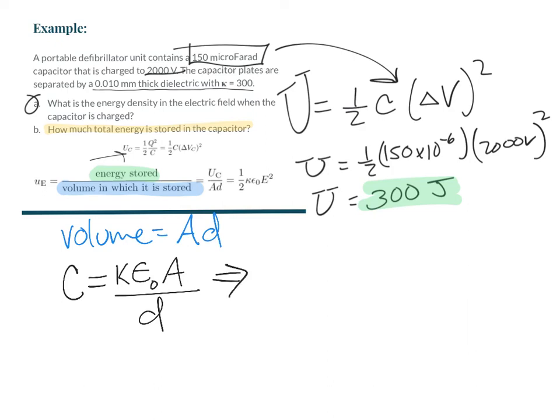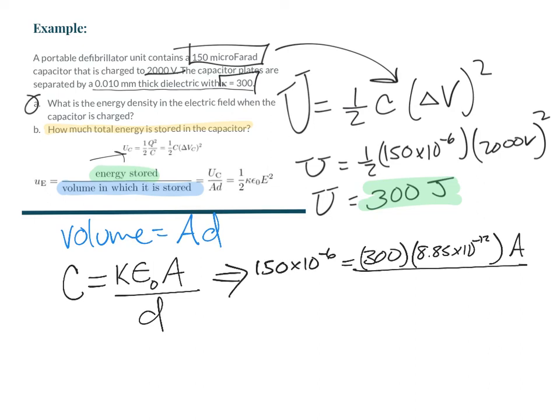Capacitance is 150 times 10 to the negative 6th farads, which is equal to the dielectric constant, a given, 300, times epsilon naught, the permittivity of free space, which is a constant, 8.85 times 10 to the negative 12th with some unit that I'm not going to look up right now, times A, which is what we're looking for, divided by the distance between the plates, given as 0.01 millimeters, which is times 10 to the negative 3rd meters. And we can do some algebra to figure out what A is.